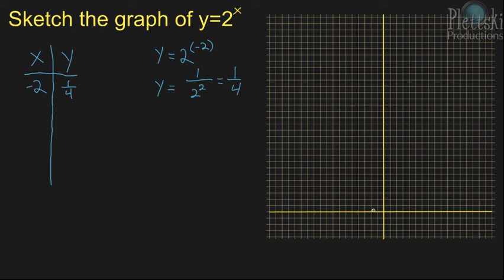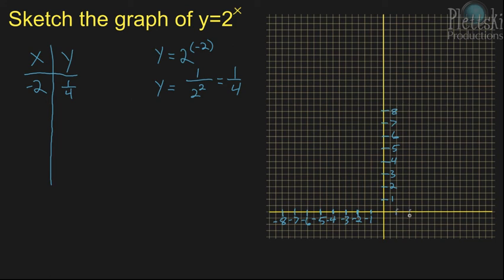So let's make each two sections be worth 1 unit. So we have -1, -2, -3, -4, -5, -6, -7, -8. And then on the vertical, we have 1, 2, 3, 4, 5, 6, 7, 8, and that's probably good enough.